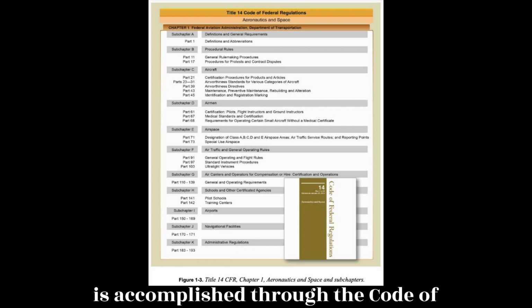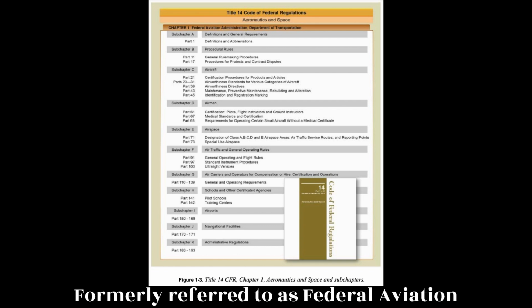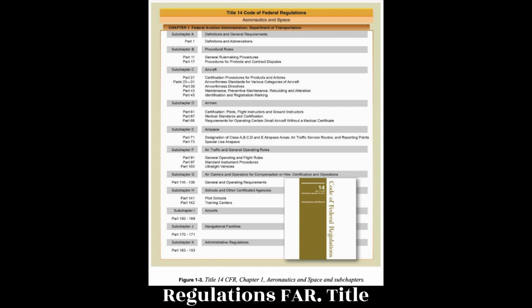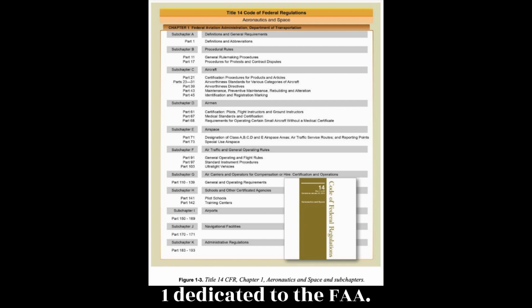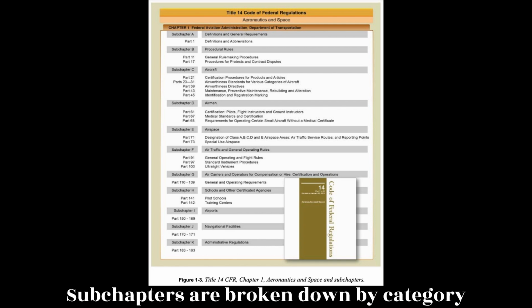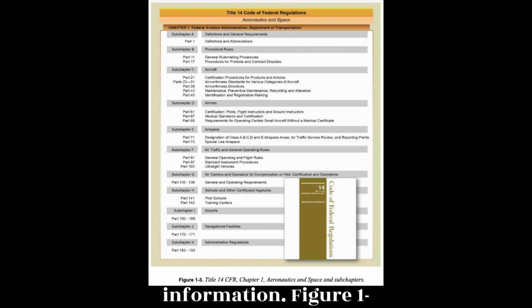This is accomplished through the Code of Federal Regulations, CFR, formerly referred to as Federal Aviation Regulations, FAR. Title 14 of the CFR, 14 CFR, is titled Aeronautics and Space, with Chapter 1 dedicated to the FAA. Subchapters are broken down by category with numbered parts detailing specific information. Figure 1.3.